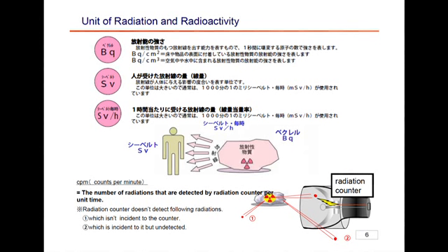In some cases, radiation does not come into the detector, and in other cases, radiation enters but just passes through. When this happens, it does not produce a reaction in the detector. As shown in these examples, we can see that it is difficult to convert counts per minute, the number of radiation detected in the unit time, the number of becquerels, and the number of sieverts.